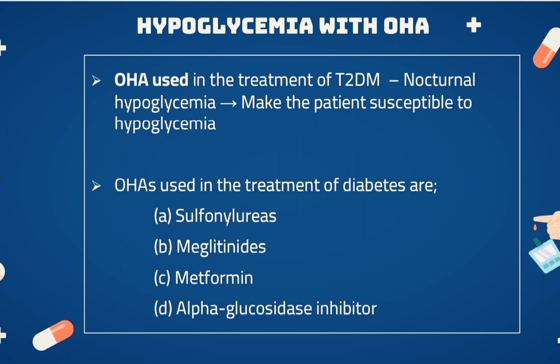So let's discuss the hypoglycemia with oral hypoglycemic agents. We know that oral hypoglycemic agents are used for the treatment of type 2 diabetes mellitus, and we have already studied nocturnal hypoglycemia, which is hypoglycemia that develops at night due to use of insulin and some oral hypoglycemic agents.